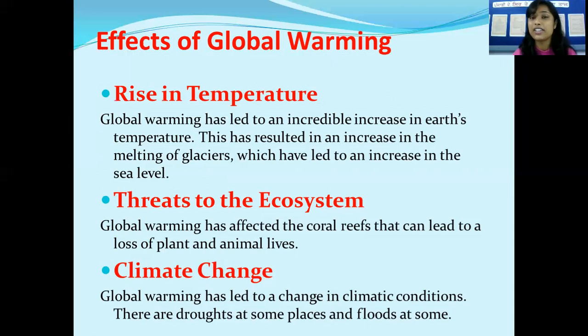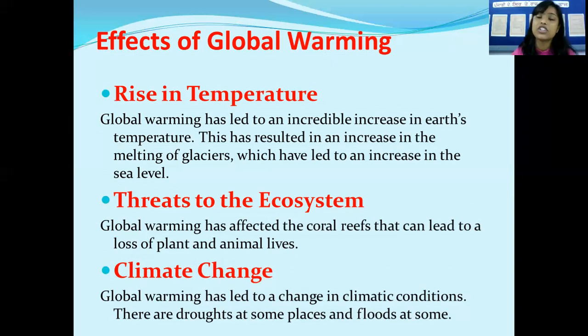So when the temperature is increasing, obviously that permafrost is melting, and when the permafrost is melting, the polar bears' habitat is being depleted, it is affected. And if the habitat is being affected, obviously the breeding and everything is affected by it. Okay, so that is why it is a threat to the ecosystem.